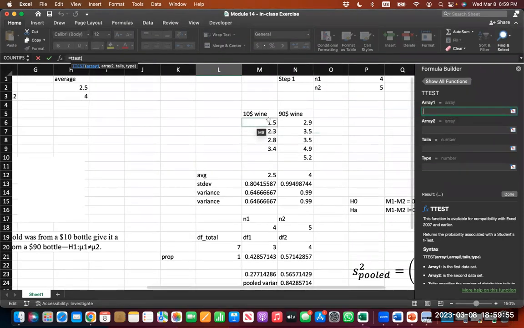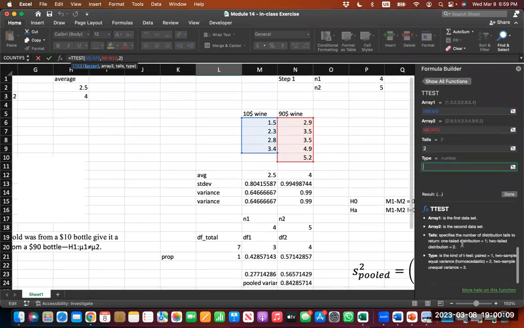you're marking the first 4 entries of the $10 bottle group. With array 2, the $90 bottle group. Tails is 2-tailed. And type: paired equals 1, which would give you a paired sample t-test.